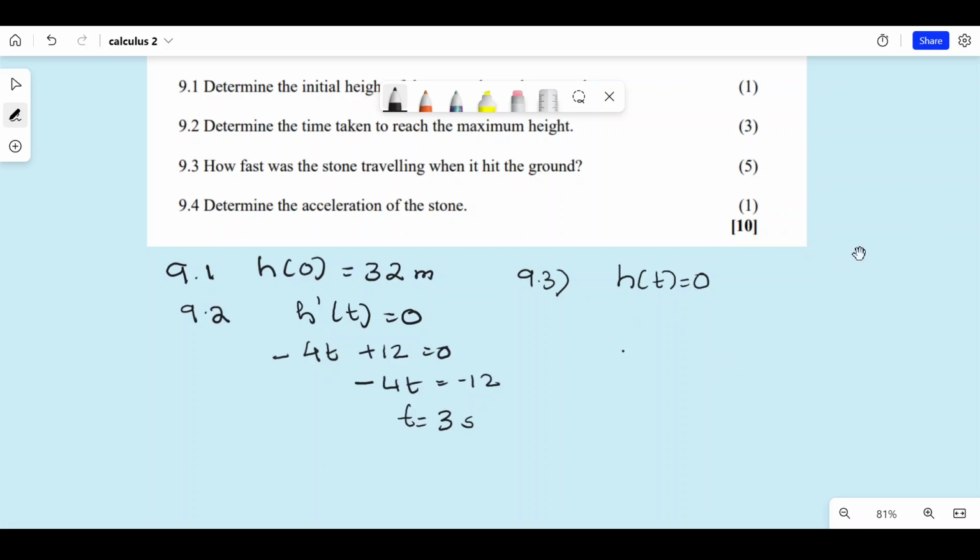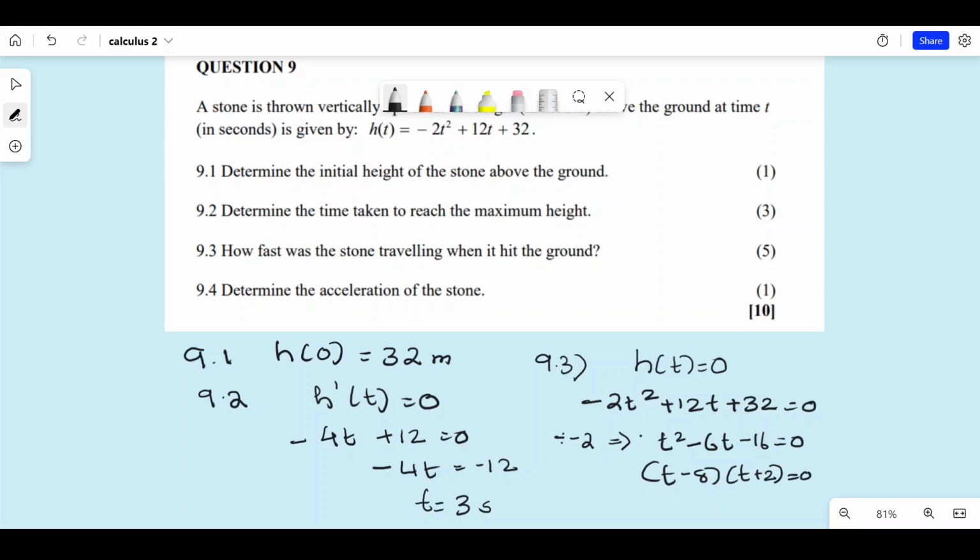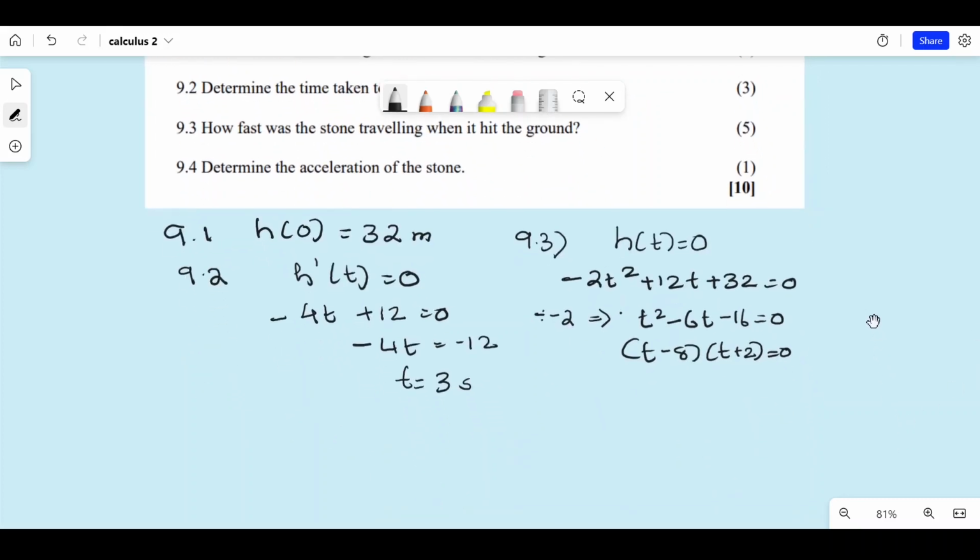So the function is given as negative 2t squared plus 12t plus 32 equals 0. If you divide throughout by negative 2, you get t squared minus 6t minus 16 equals 0, which factorizes as (t minus 8)(t plus 2) equals 0.